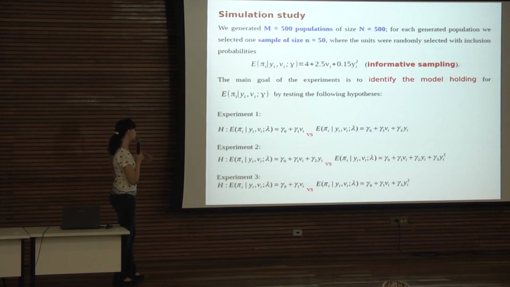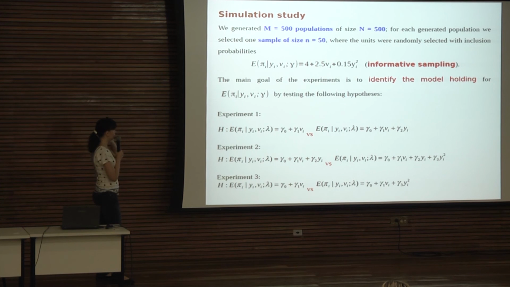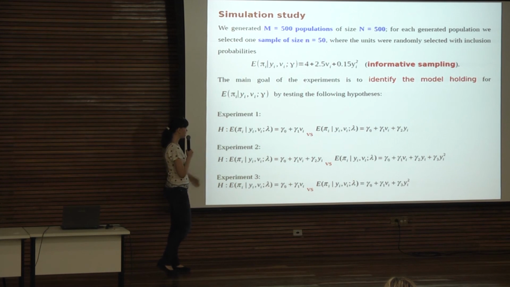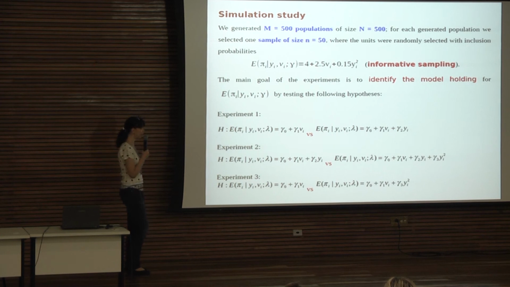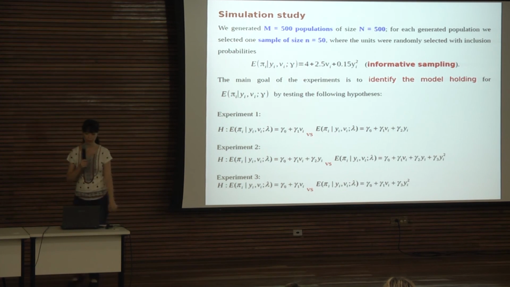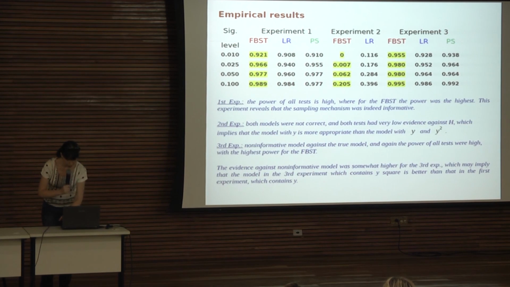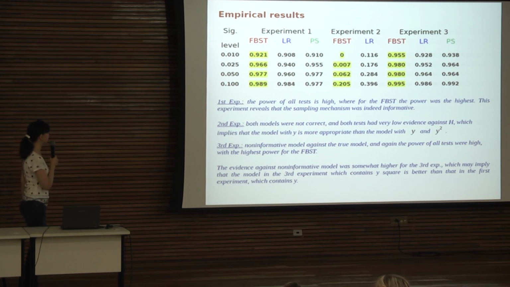And the main goal of the experiments that we carried out was to identify the model holding for the sample selection process. Here we used 3 tests, and for each test we calculated the evidence value. And here we summarize the results.